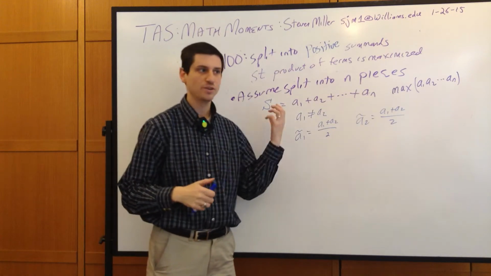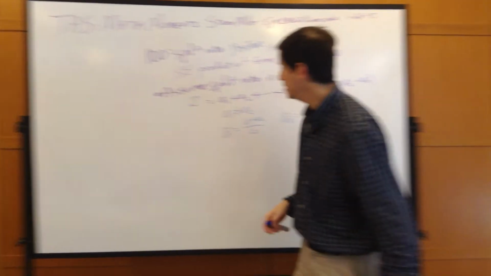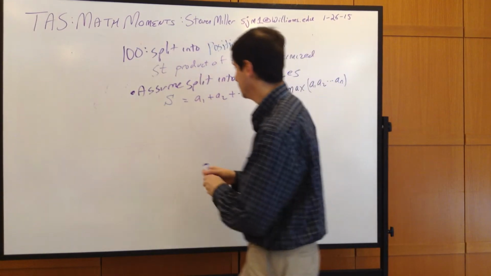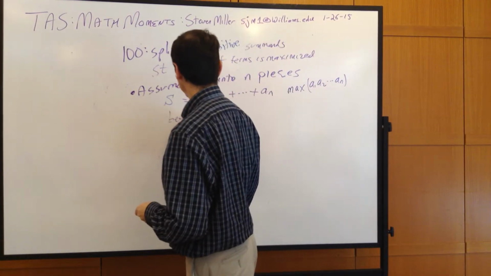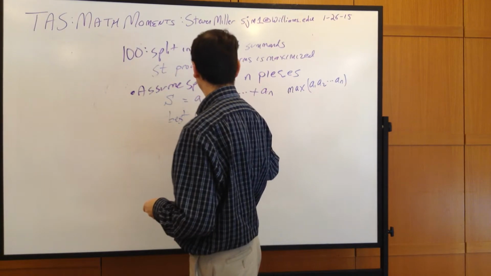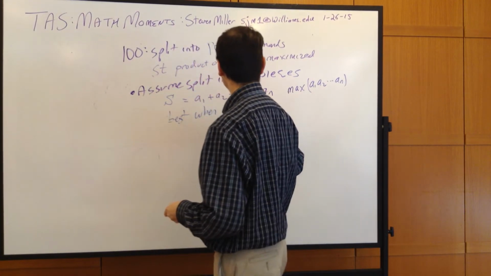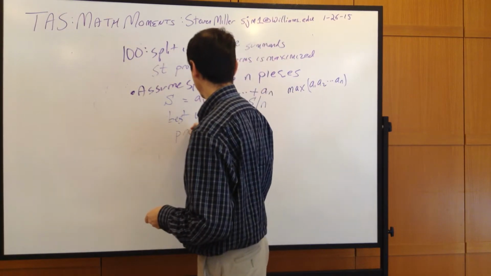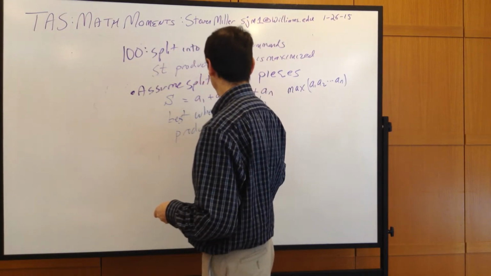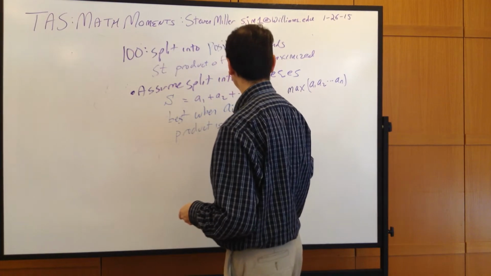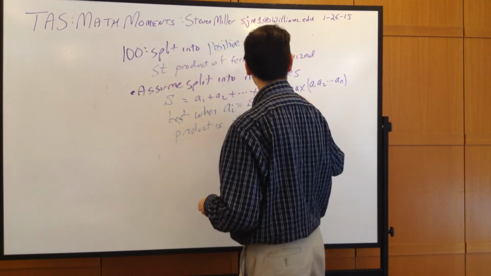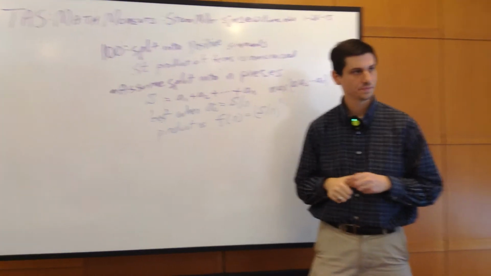What we've just shown is that if we split s up into n pieces, the best is when each a_i is equal to s divided by n. So the product, we'll call it f of n, is (s divided by n) raised to the nth power.